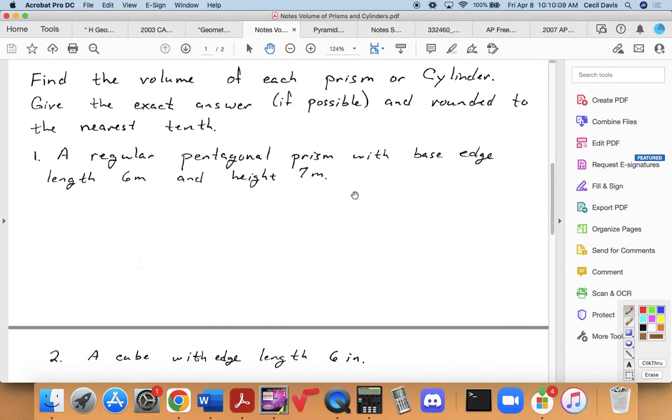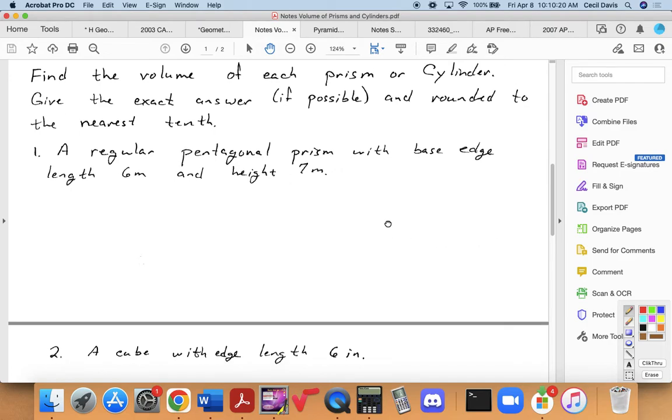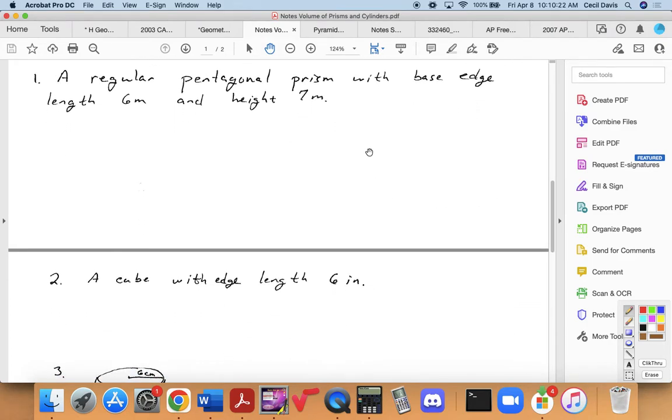So we're going to work through some examples together. Find the volume of each prism or cylinder, give the exact answer, if possible, and round it to the nearest 10th. All right, so we're going to do both. So let's start with this one. So we've got a regular pentagonal prism with base edge length 6 meters and height 7 meters.